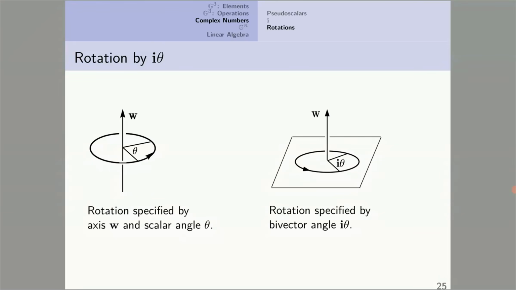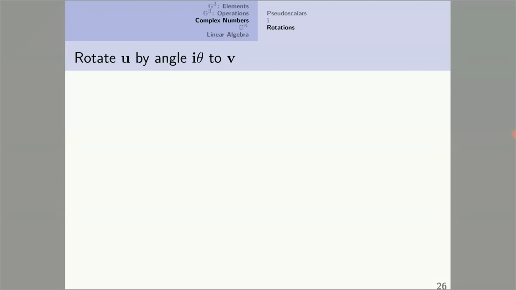Instead, we will often specify a rotation by a bivector angle I theta, where I is the plane orthogonal to w and theta is as before. We think of the rotation as being a rotation in a plane rather than about an axis.